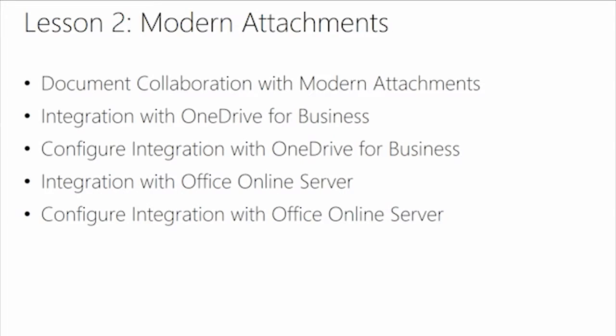Some of these features that were introduced in Office 365 are the new document collaboration features that are available with modern attachments. So when you receive an attachment in Office 365 and now in Exchange Server 2016, you have this ability to do things inside of the Outlook on the web experience and edit documents, view documents, using the Office Online server functionality.